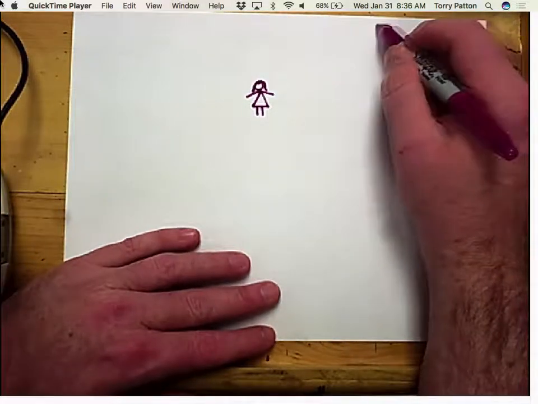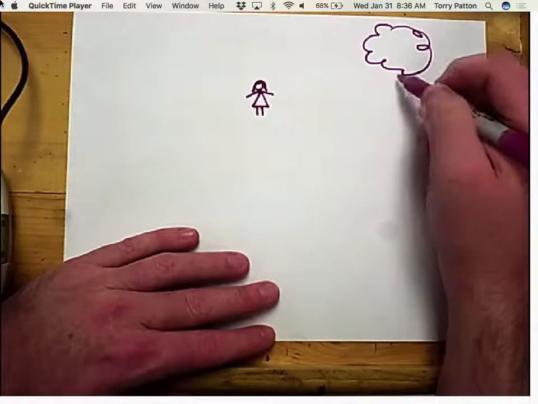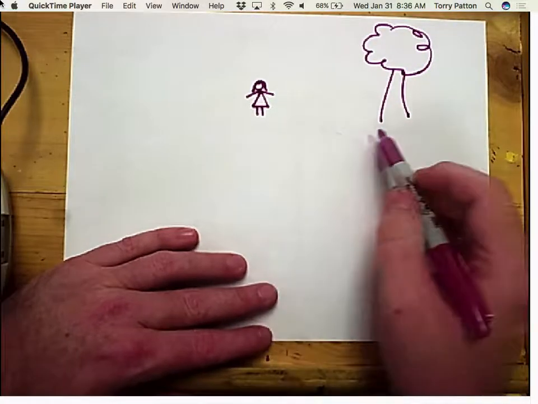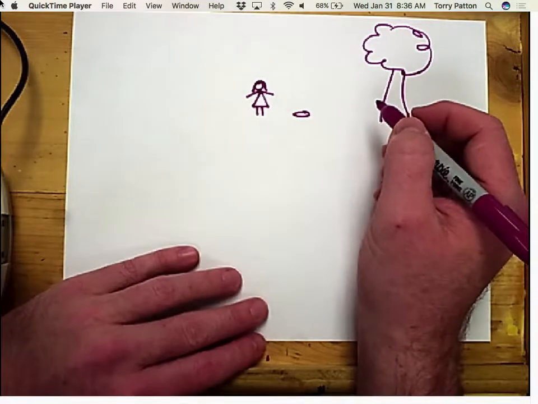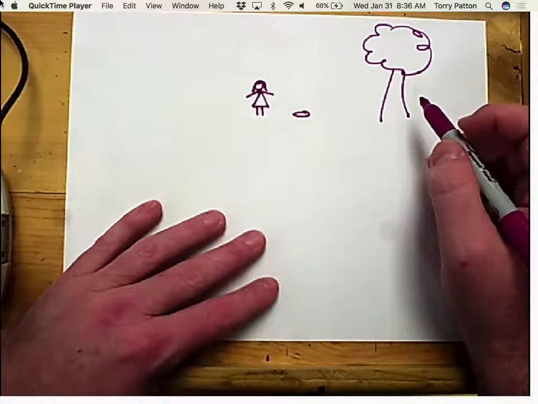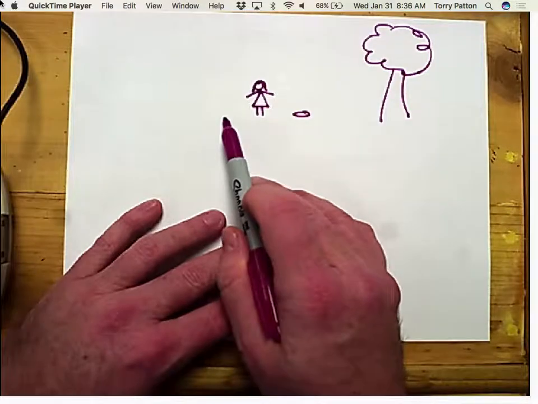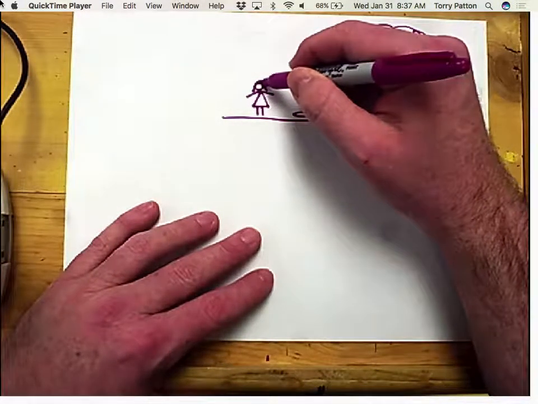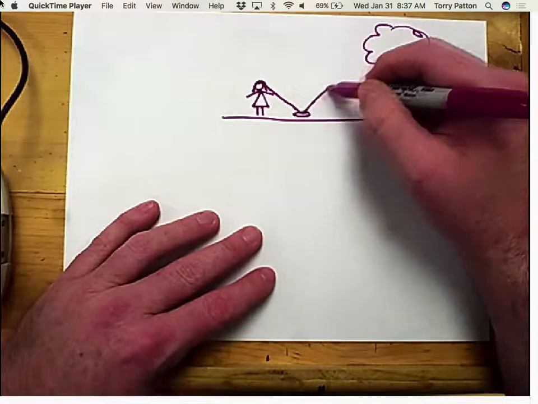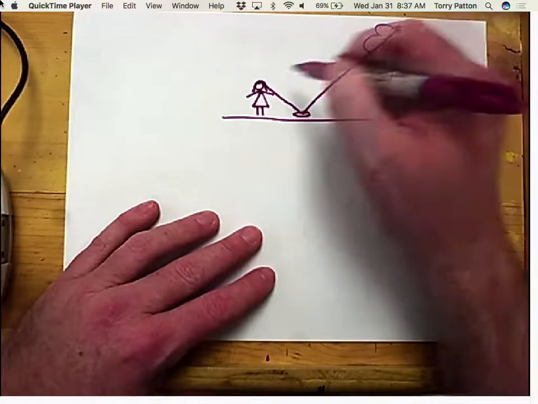There's a big tree over here. She puts a mirror on the ground, and she can look in that mirror and see the top of the tree.